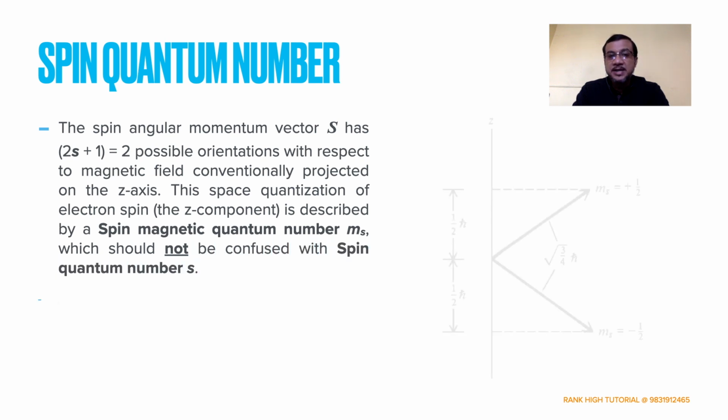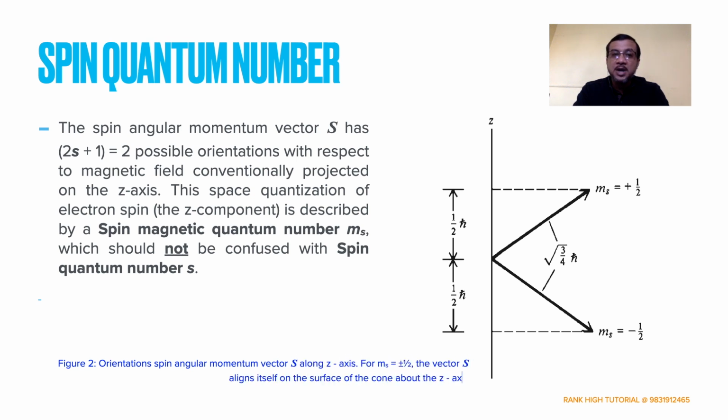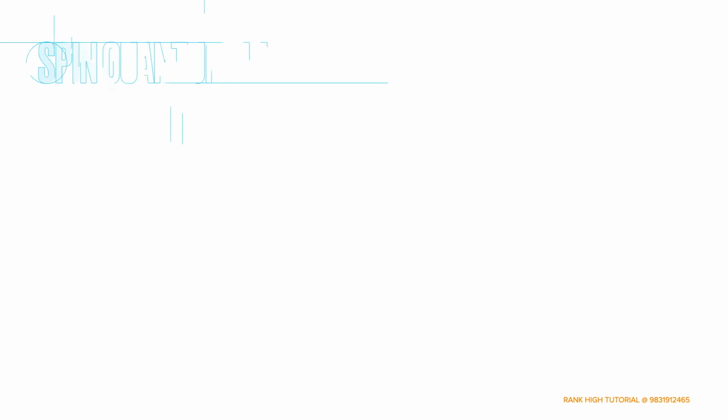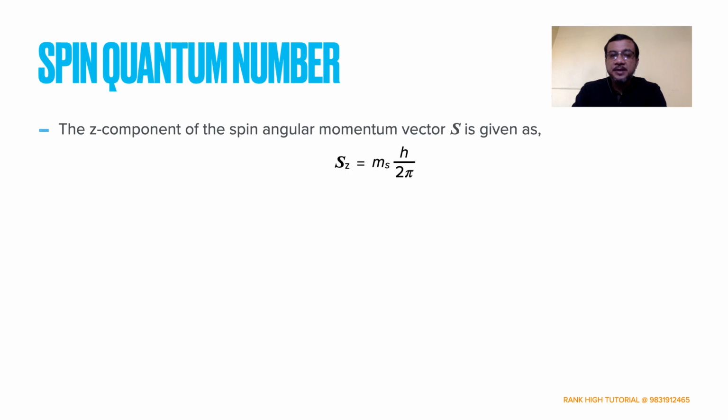This space quantization of electron spin, that is the z component, is described by a spin magnetic quantum number ms, which should not be confused with spin quantum number small s. The z component of spin angular momentum vector capital S is given as capital Sz equal to ms into h by 2 pi.